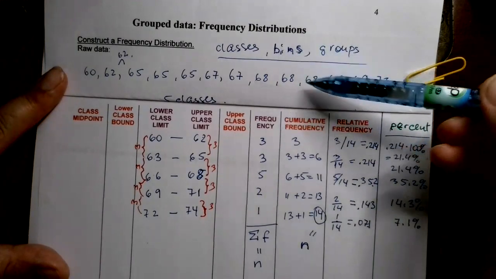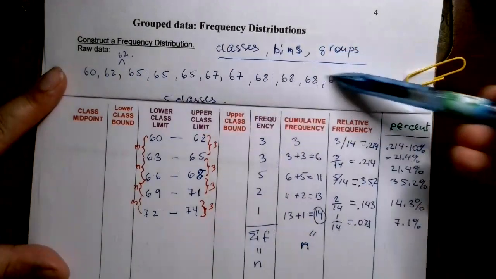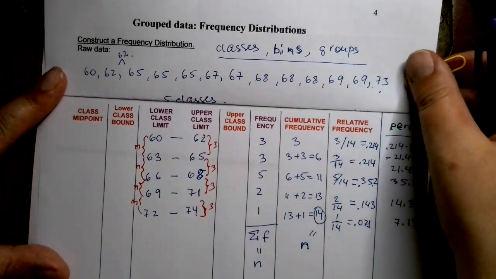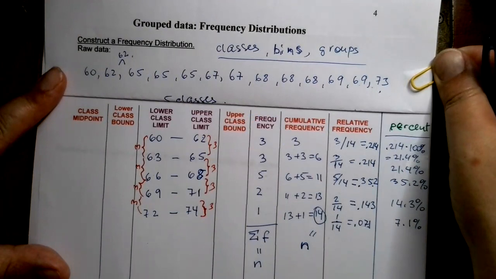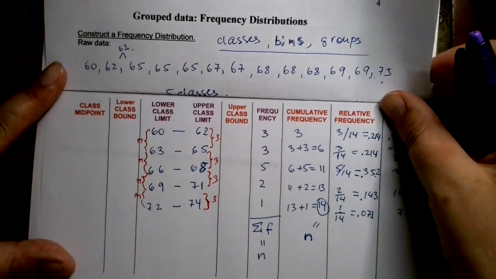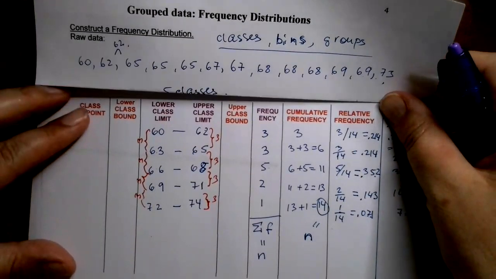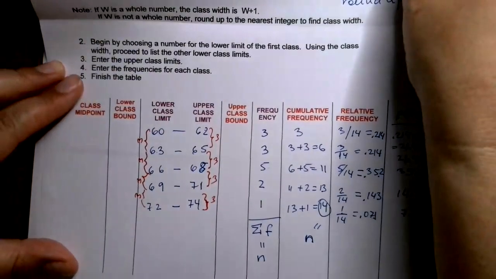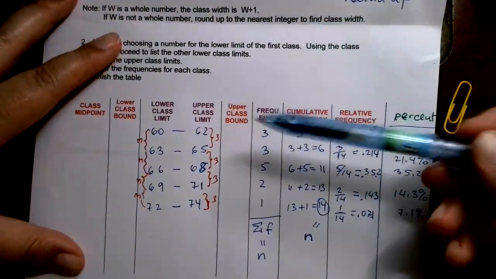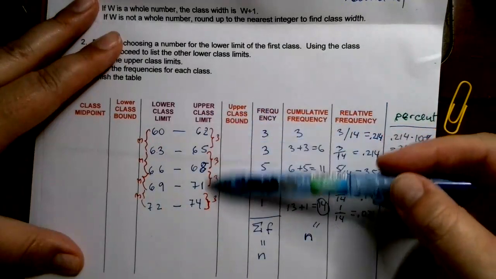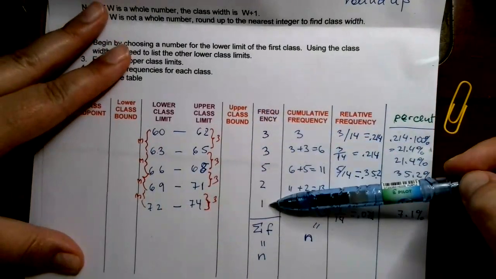If you're not a researcher, and you don't have access to the raw data, and you're just a consumer trying to read a frequency distribution that someone already organized into groups for you, all you have is groups and frequencies.